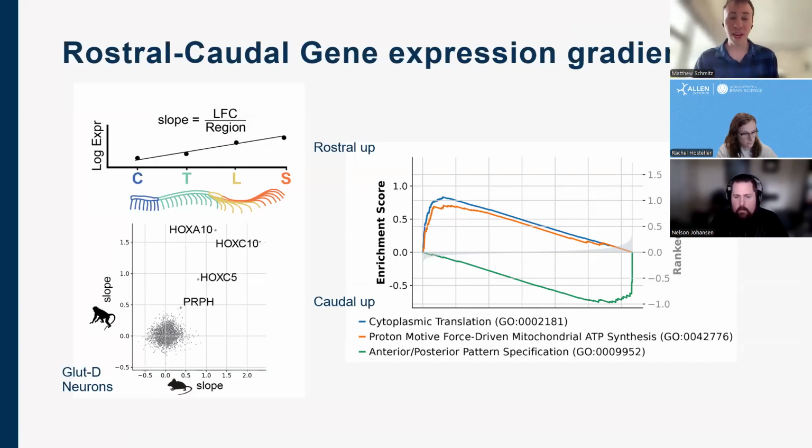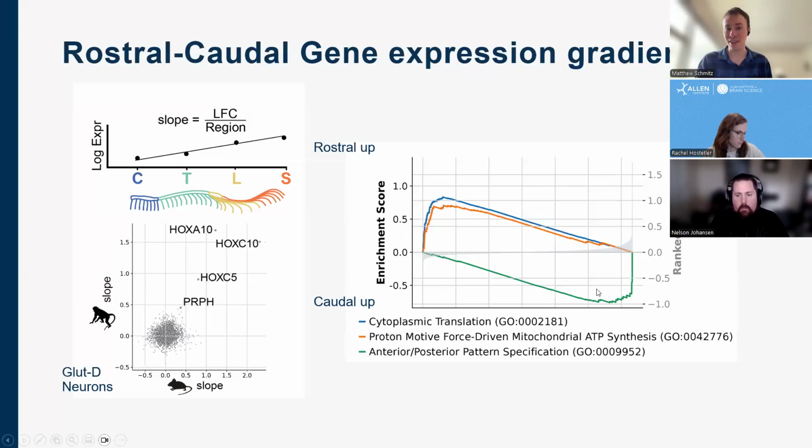And the reason that's interesting is because these are transcription factors, and you would expect them to be driving expression of other genes. But the rostral-caudal gradients seem to be much weaker in other genes than in these transcription factors.